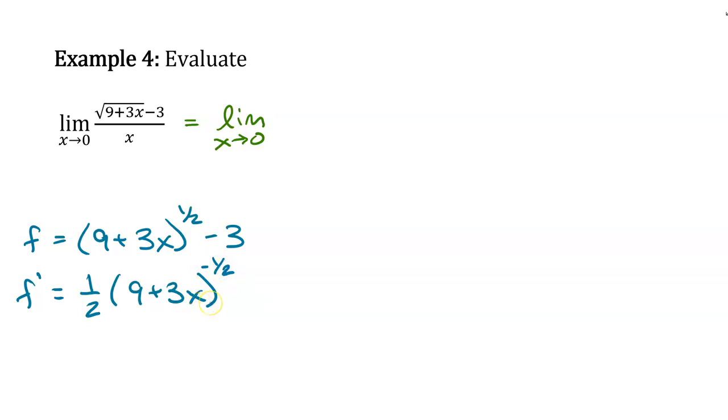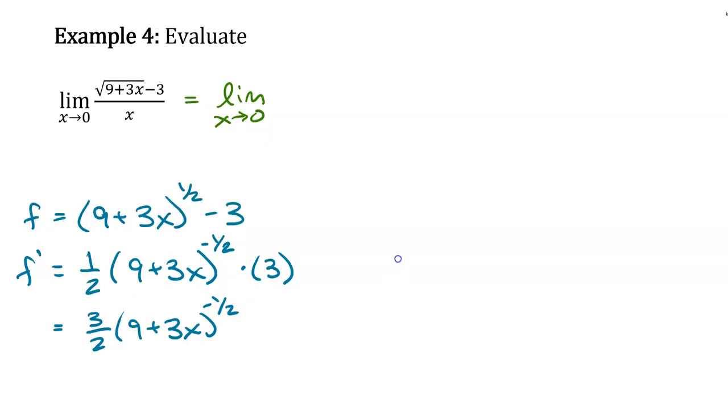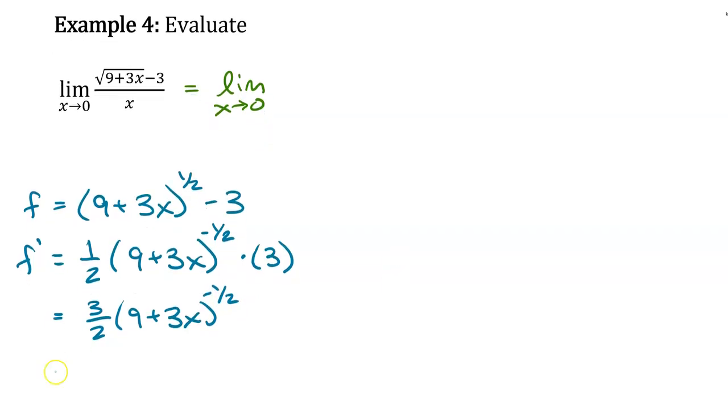And then times the derivative of the inside, which would just be 3. So that would give us 3/2, 9 plus 3x to the negative 1/2 power, which is not pretty, but let's see here.